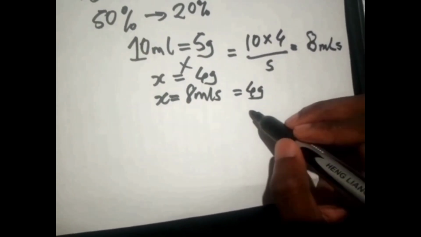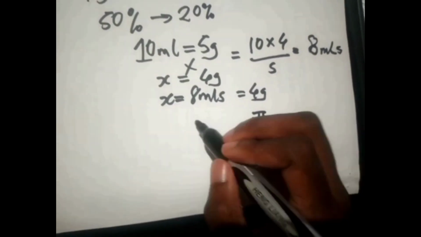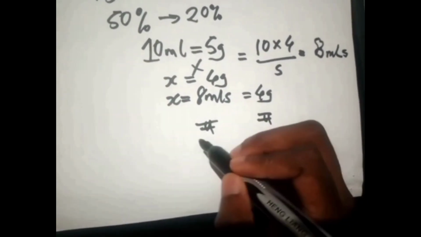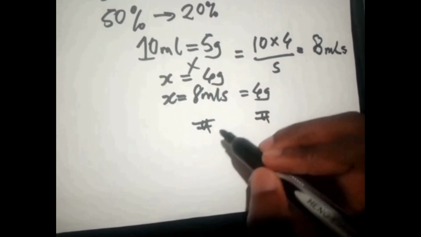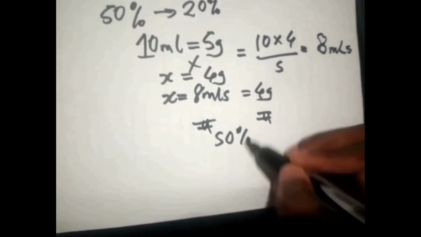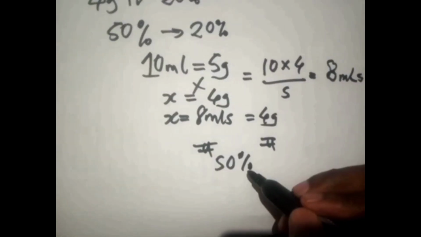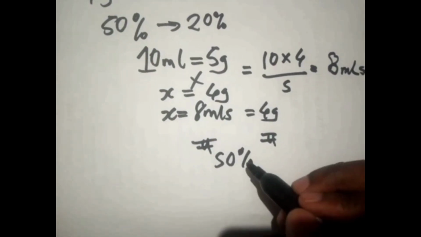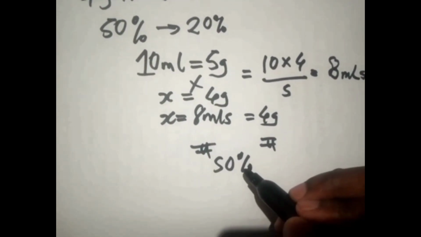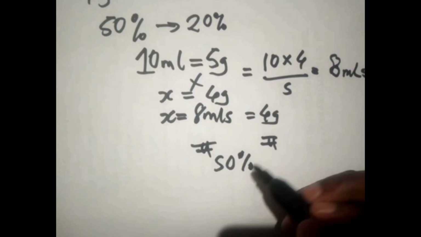Now, this 4 grams, or this 8 mils rather, is still 50%. So after drawing this 8 mils, it's still 50%. We haven't actually made it into 20%.